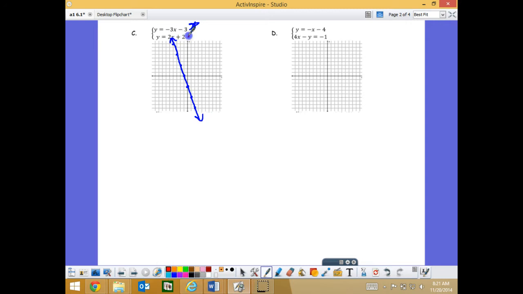And the second one, y-intercept of 2, with a slope of 2. And our point of intersection is the point -1, 0.